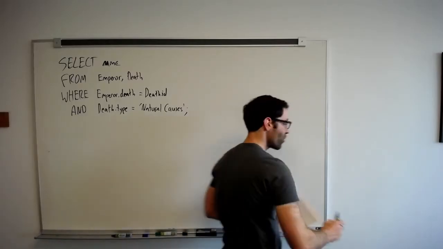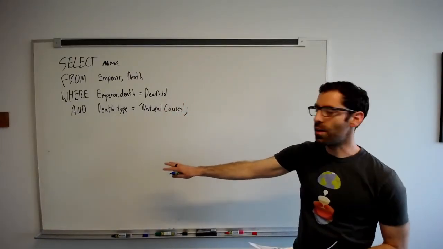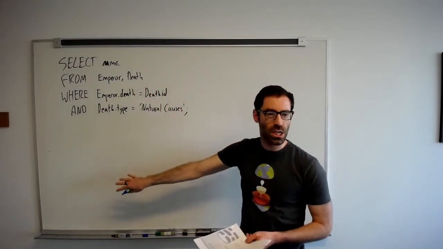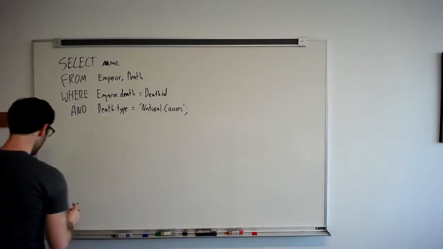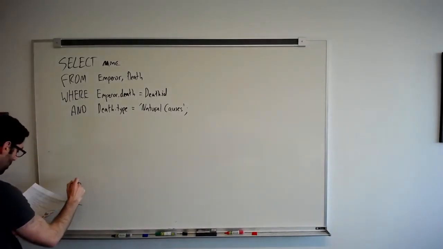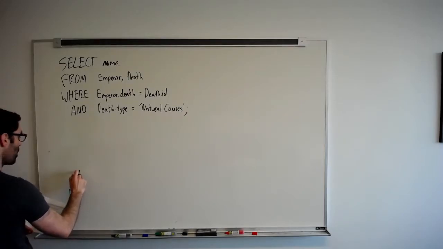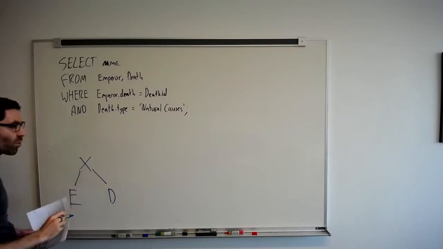All right, so if I translate this query directly, just as written, into a logical plan, I might have something like emperor and death go into a cross product, right?